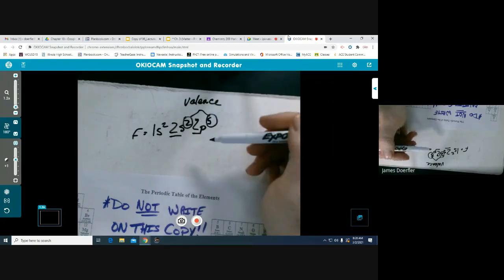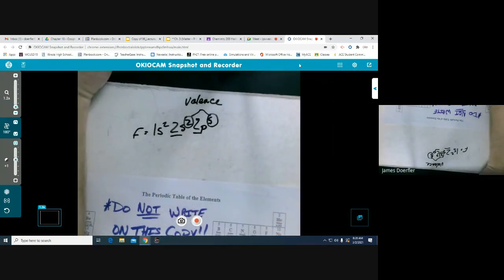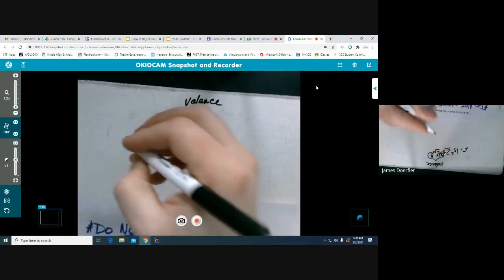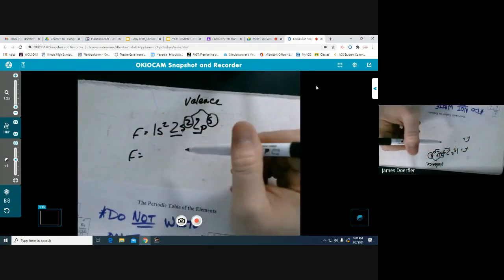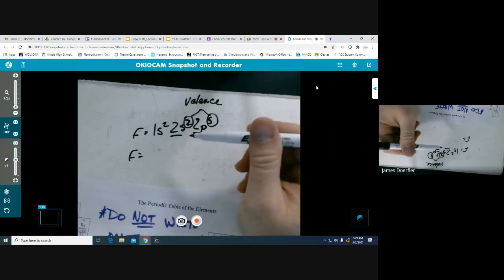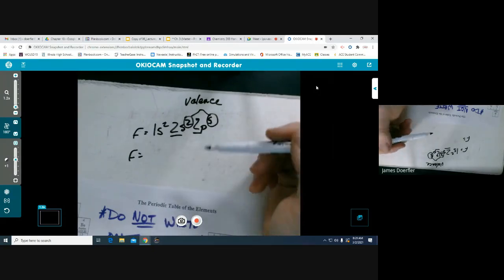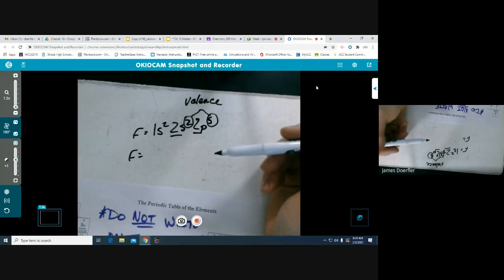Okay. One thing that I want to introduce you to now is the condensed, or noble gas, electron configuration. Okay. So what I'm going to do is, even though this is a fairly small and short electron configuration here for fluorine, we can still reduce it.